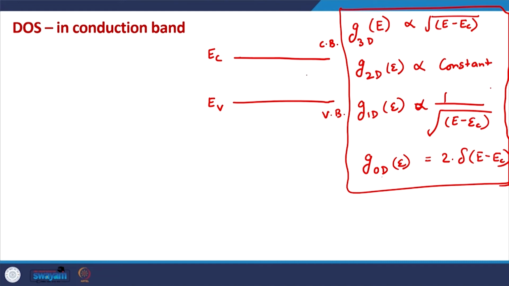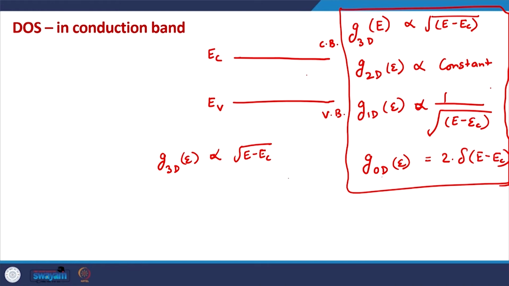Now, if the channel is a 3D material, G3D(E) in the conduction band would be directly proportional to the square root of E minus EC.